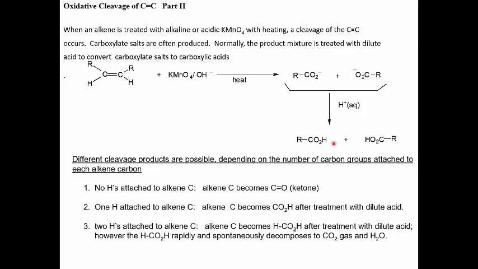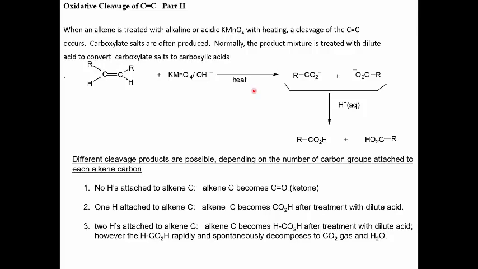In this reaction, we are going to take the alkene, mix it with KMnO4 under basic medium, just as we did before, but one big difference. This time, we're going to heat the reaction mixture, heating it to boiling, vigorously heating it.